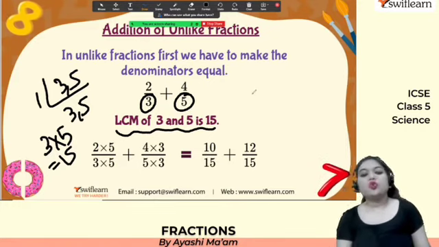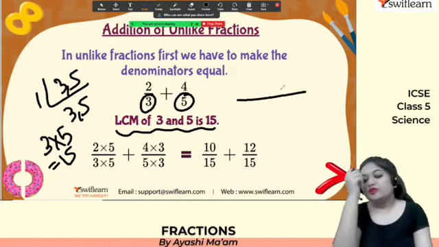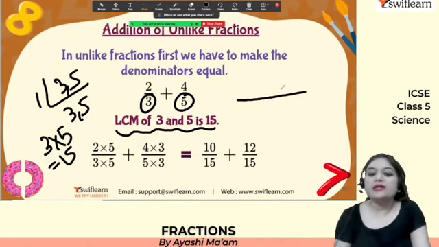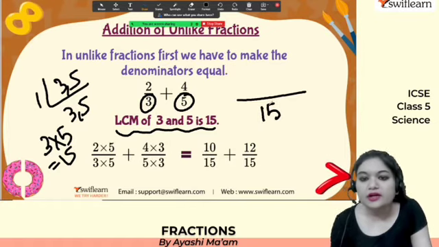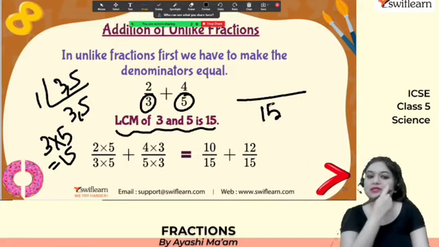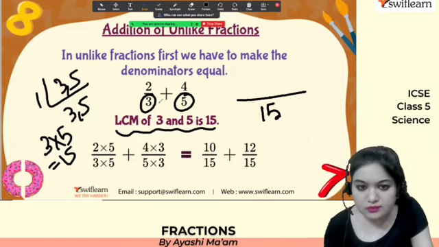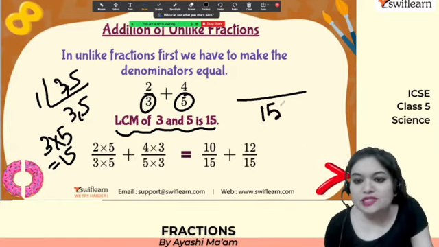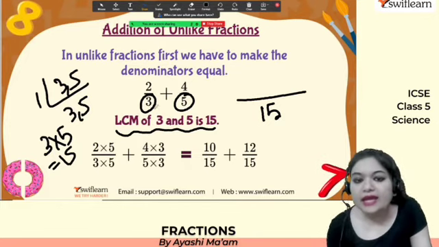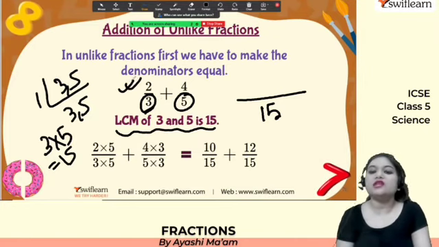So what we are going to do is, coming to the first fraction, we will take the LCM. We will write the LCM over here, that is 15. That is our LCM. Now, you take this 15, that means this LCM, and divide it by 3, the first denominator only, because we are dealing with the first fraction now.